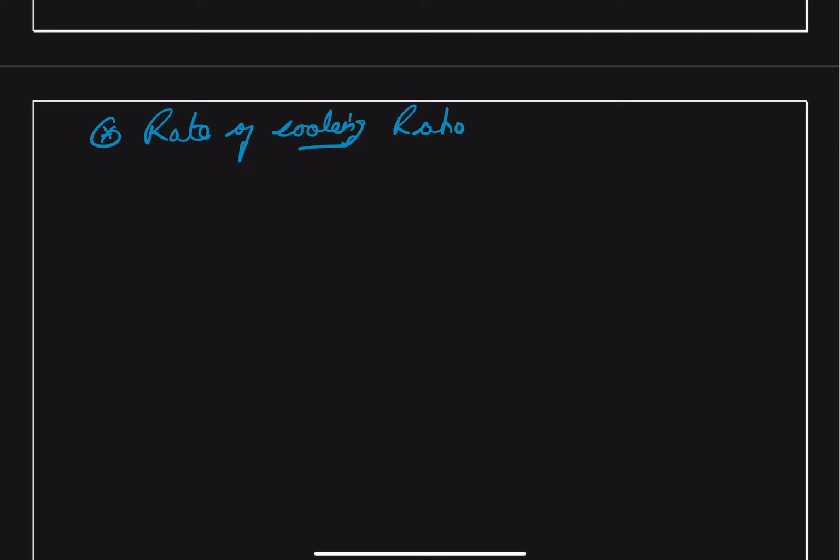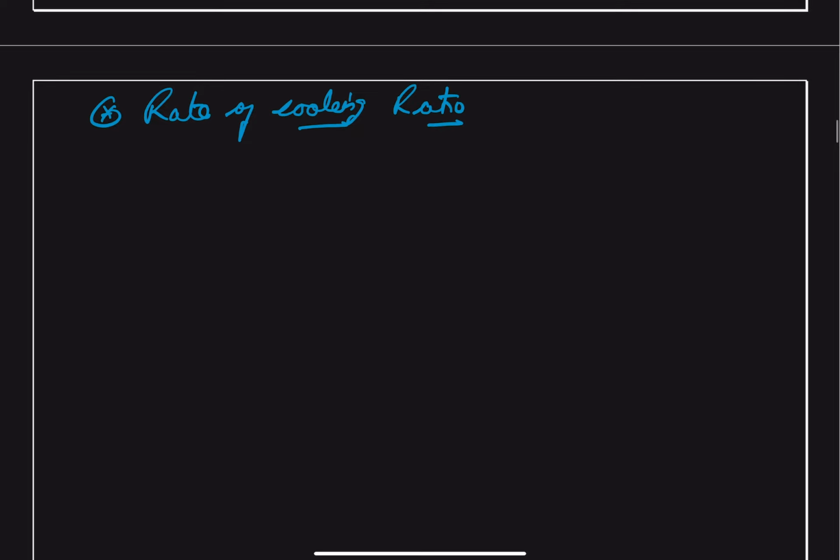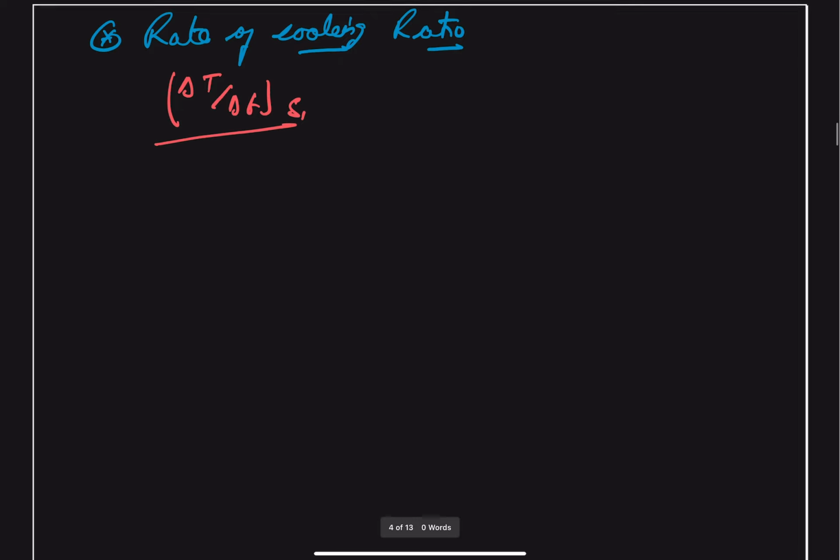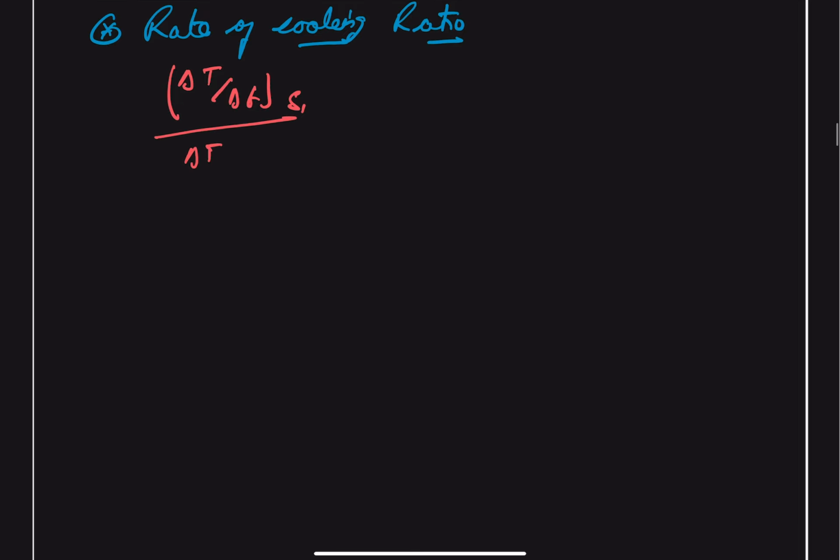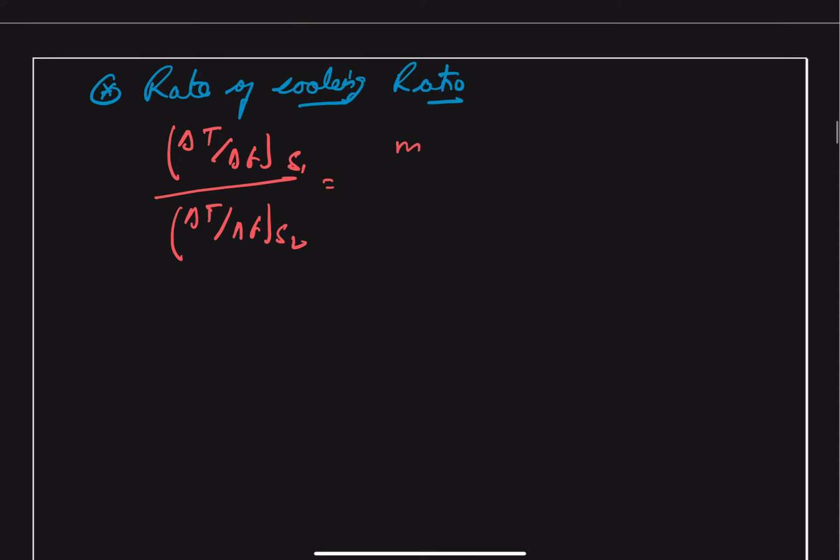So we get delta T upon T, the cooling rate for sphere 1 divided by the cooling rate for sphere 2, will be equal to mass of sphere 2 over mass of sphere 1, whole raised to power 1 by 3.